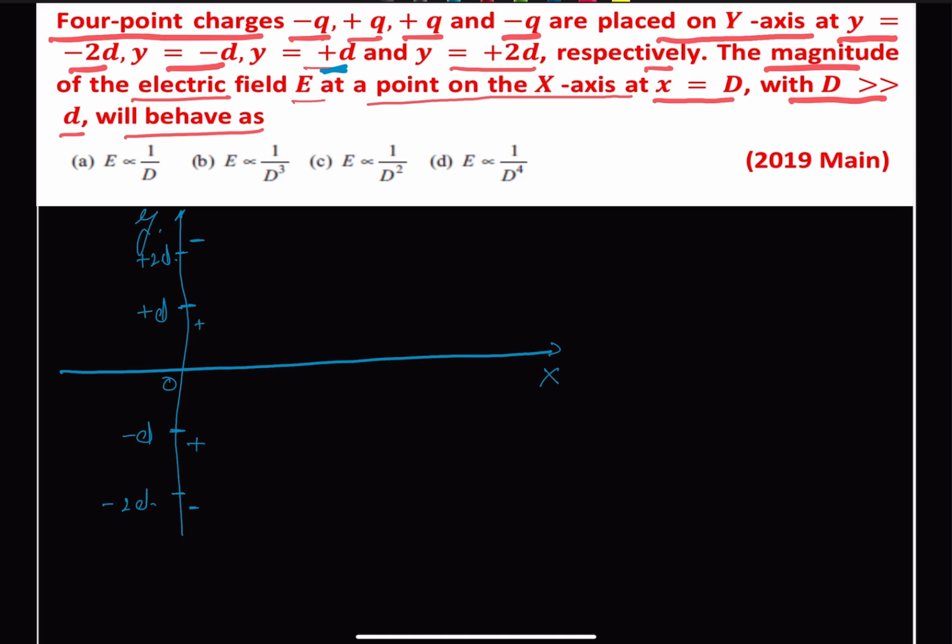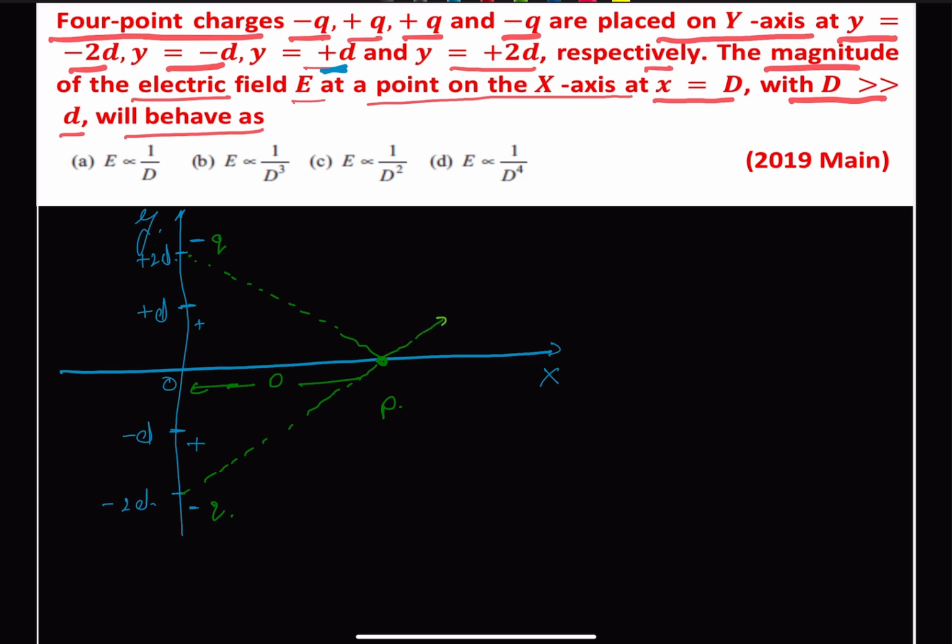Let us suppose a point P is there whose distance from the origin is given as capital D. Here we need to find out the electric field at point P. So we can say that, direction wise, suppose the first charge, so it's electric field, and this will be the other one, this will be same because the charge is minus q here as well as minus q here also.